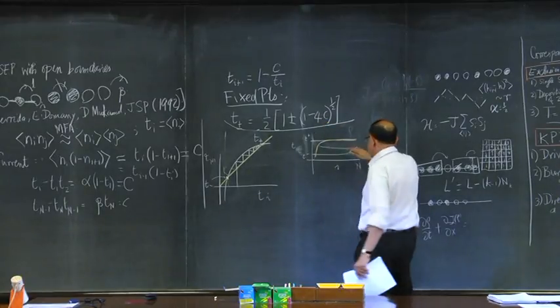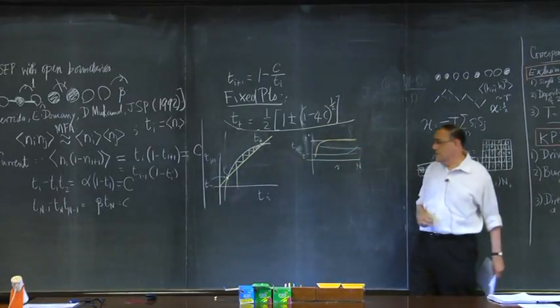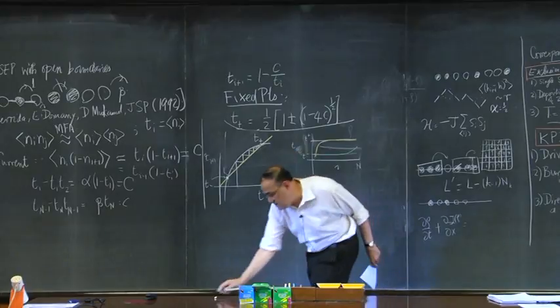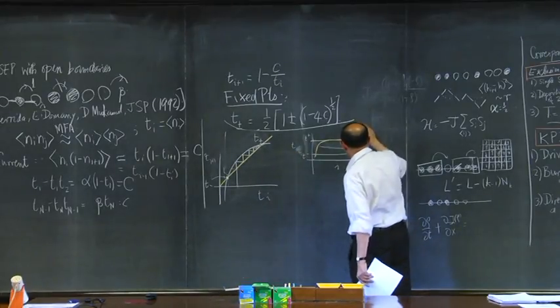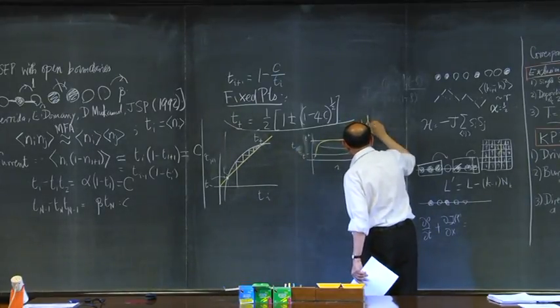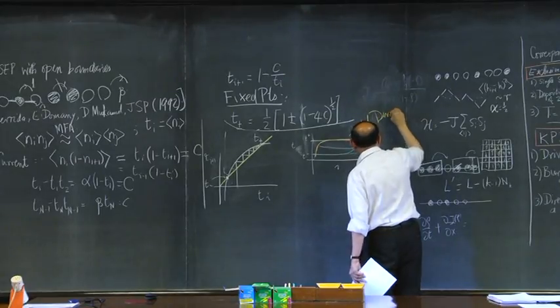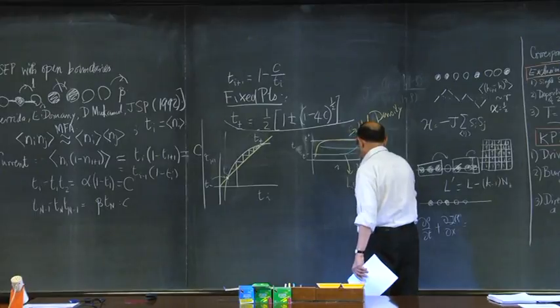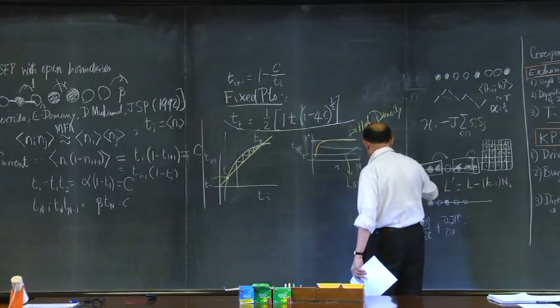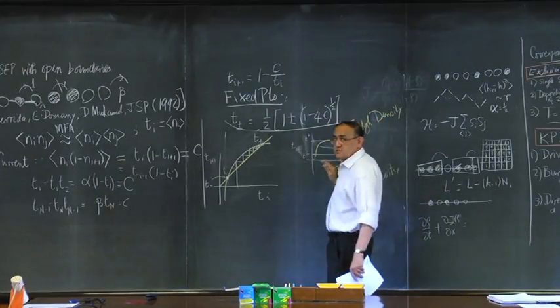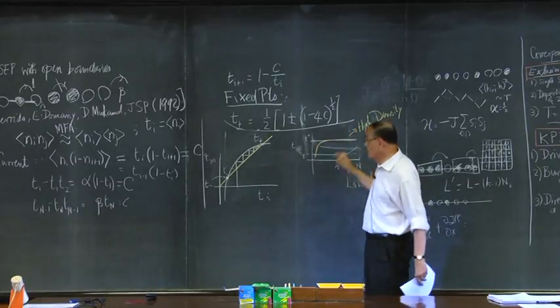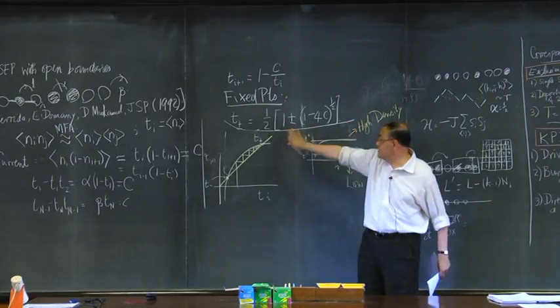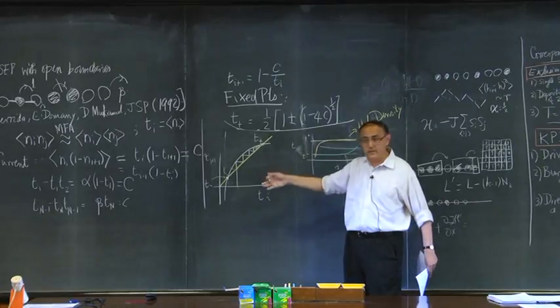So you see the density profiles are very different. This is a high density. This is a low density. Low density where? In almost the full system except for 5, 6 sites. High density again except for the first 5, 6 sites. So, you get the point, right.